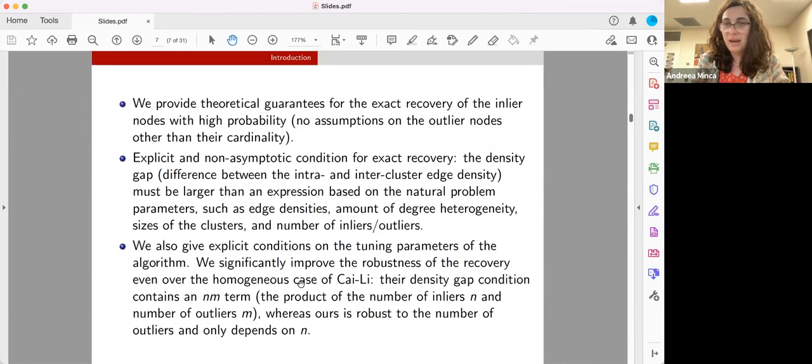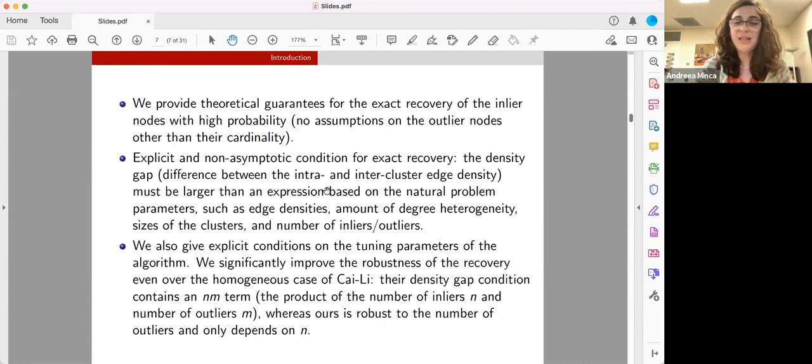The density gap is a condition on the difference between the intra- and intercluster edge density. Of course, the intracluster edge density is assumed to be higher than the intercluster edge density: there's more connectivity within the cluster than among nodes in two different clusters.